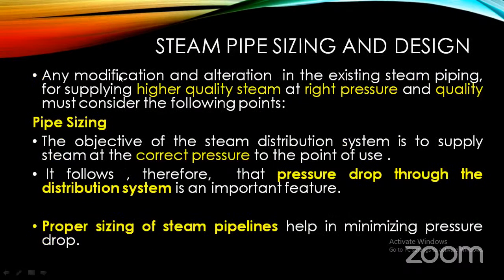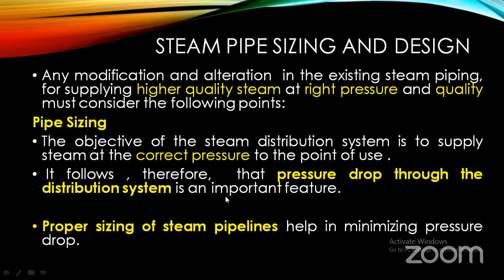The next factor which comes into the steam distribution system is steam pipe sizing and design, which directly affects the quality of the steam, pressure and quantity. Any modification in the system will affect all three.